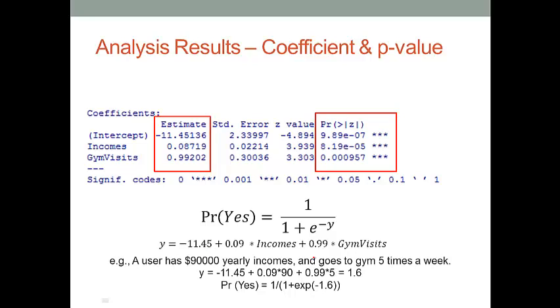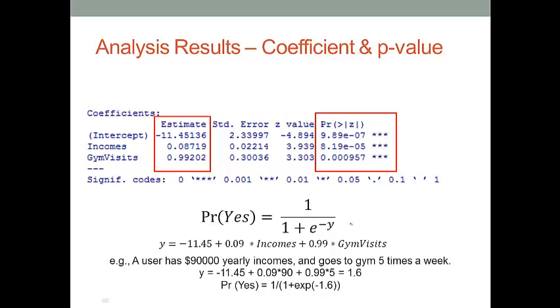She goes to gym 5 times a week. We replace incomes with 90. We replace gym visits with the value 5. And then we get the y value equals to 1.6. After you get this value, you want to bring it back to the probability calculation, and then you can get the result.